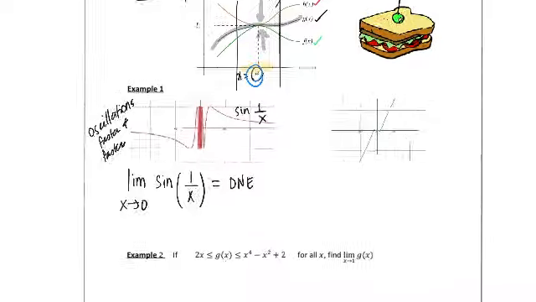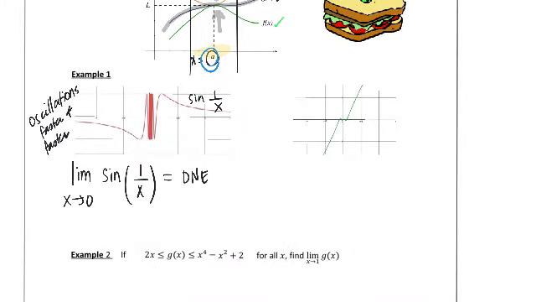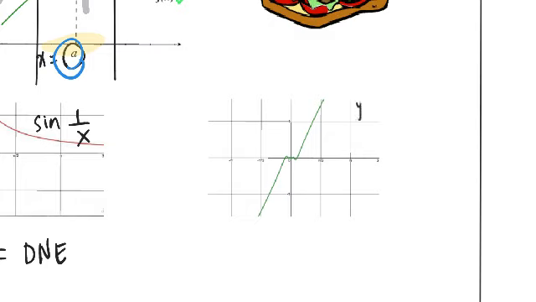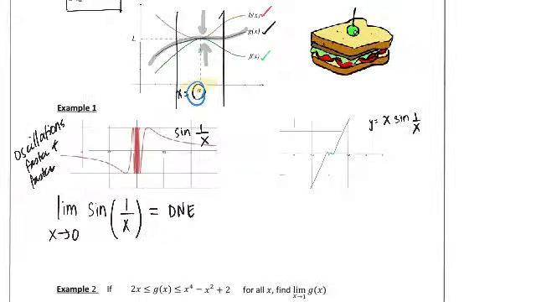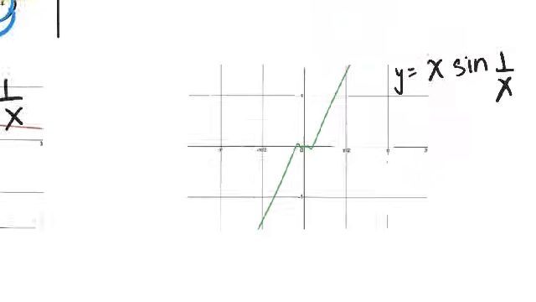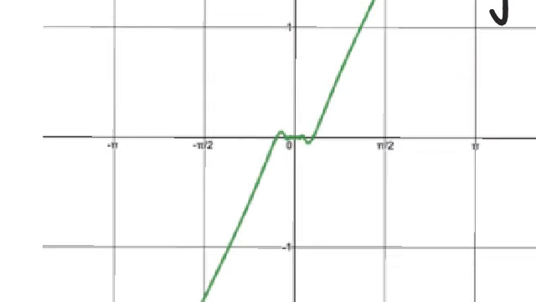Well, if you take this sine of 1 over x function and you multiply it by x, so over here I've drawn the function y is equal to x times sine of 1 over x. Notice that the graph looks very different already, and if you were to zoom in, in fact, this limit, the limit of x sine of 1 over x as x goes to 0, is now equal to 0.